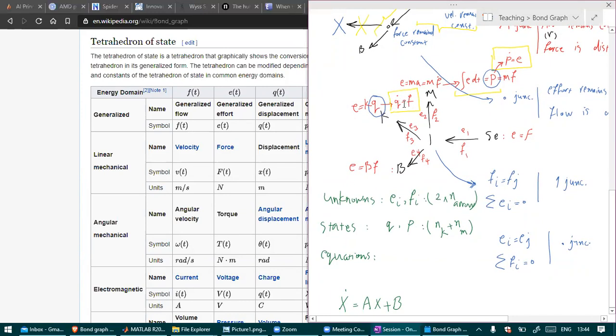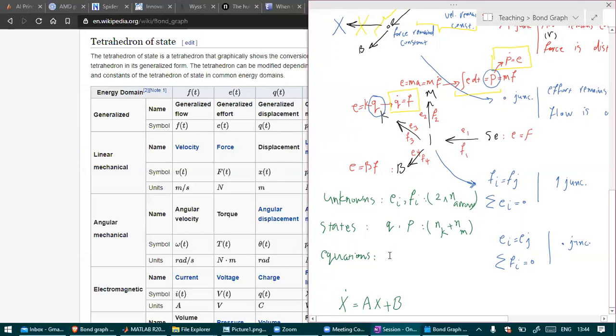Those are the system states. So basically, Q's and P's are the states, and the number of states becomes the number of springs plus the number of masses. Also for the unknowns, we have 2 times the number of arrows, because all of the unknowns are E_i and F_i. E's and F's are the unknowns.